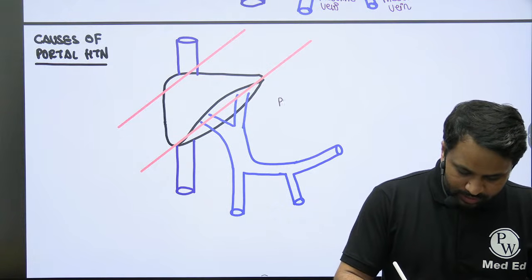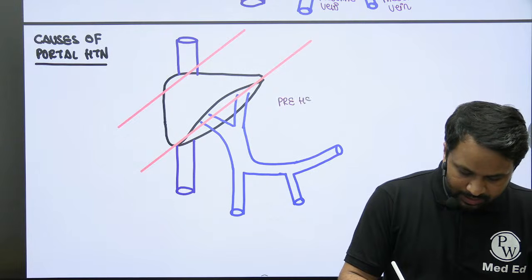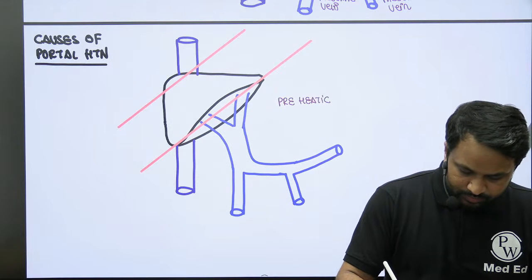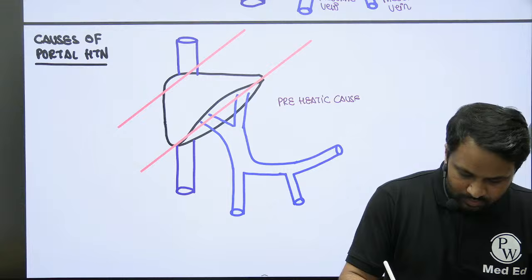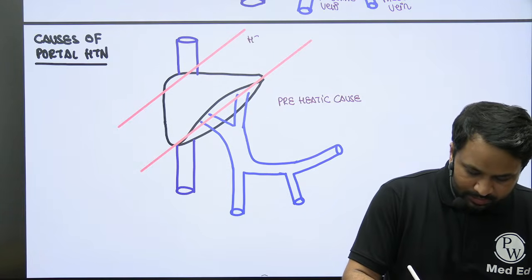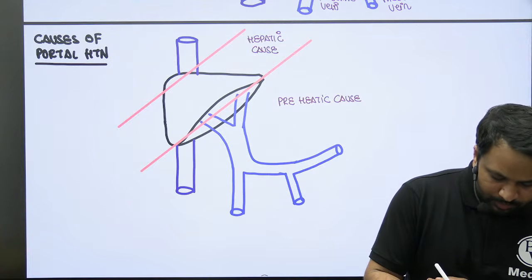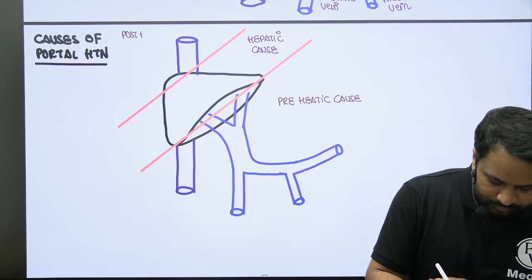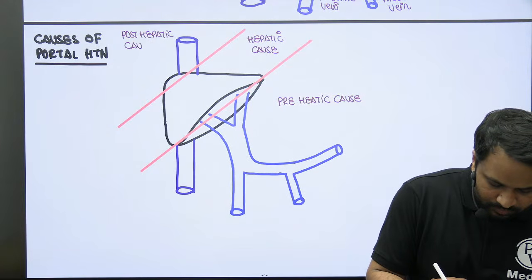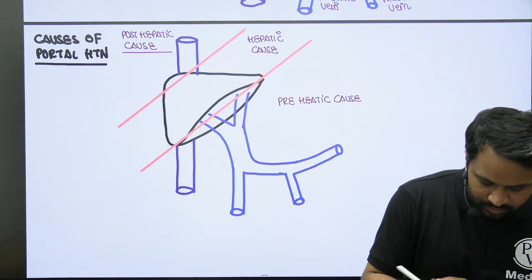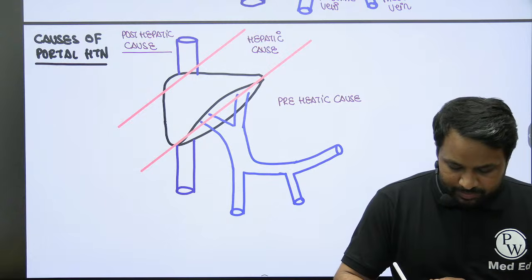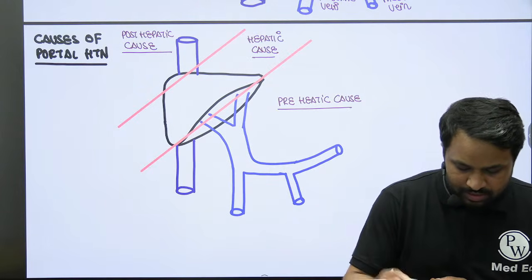So here it is going to be the pre-hepatic cause. This will be the hepatic cause. And here it is going to be the post-hepatic cause. So you have the pre-hepatic cause, the hepatic cause, and the post-hepatic cause.